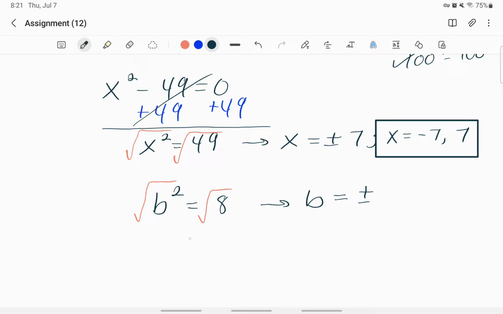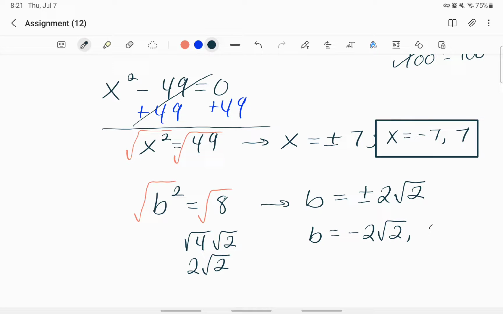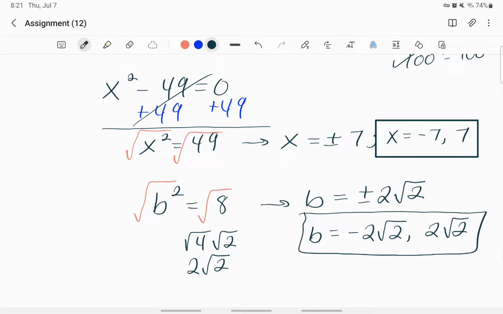So we have the square root of 4 and the square root of 2. The square root of 4 is 2. Square root of 2, leave it as it is. So b is going to equal plus or minus 2 square root of 2. So my solutions are negative 2 square root of 2, positive 2 square root of 2. And there you go.